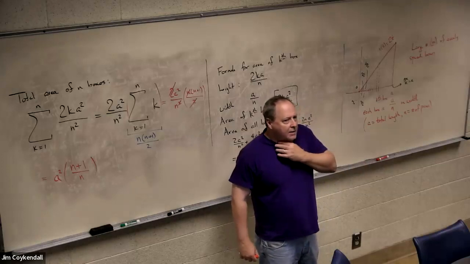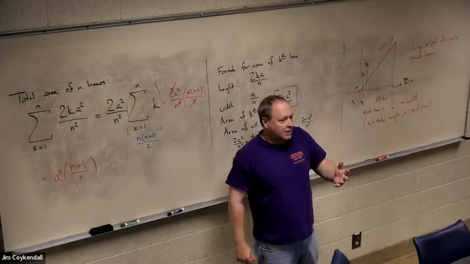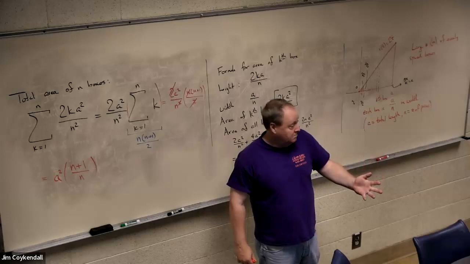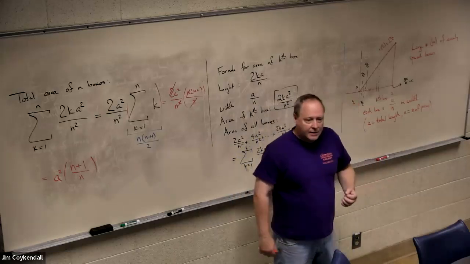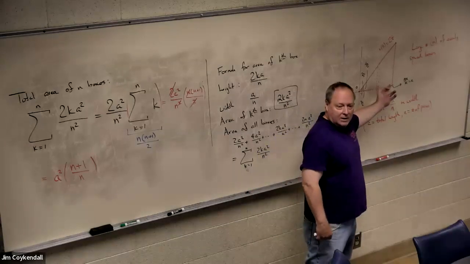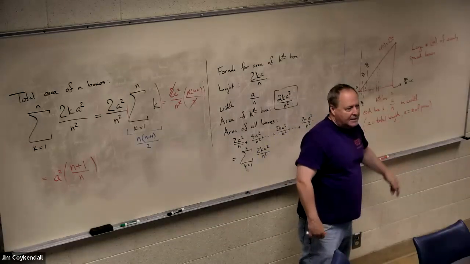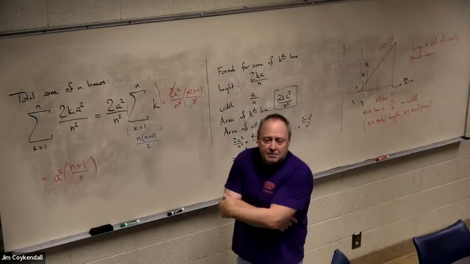Everybody agreed that my 2-box approximation was sloppy, right? My 4-box approximation was better. If I had 1,000,000 boxes in here, it would look really good. How do you think we make it perfect?